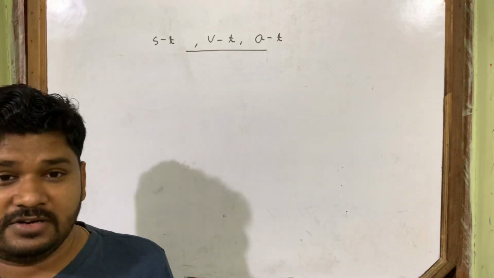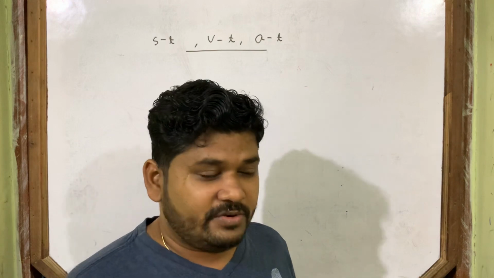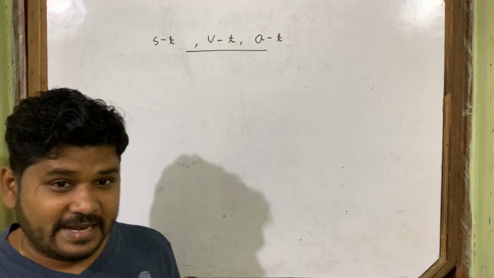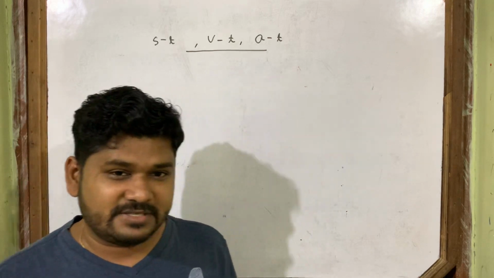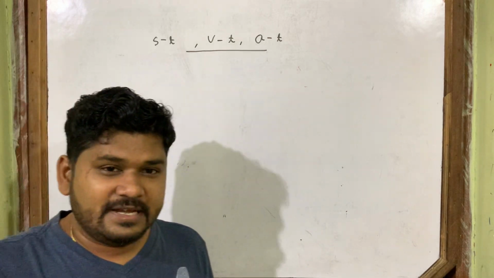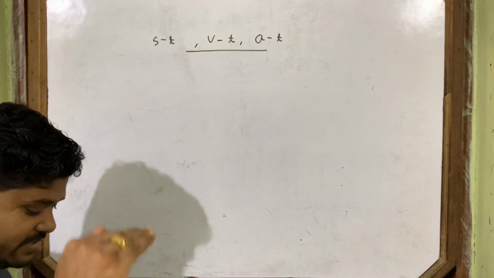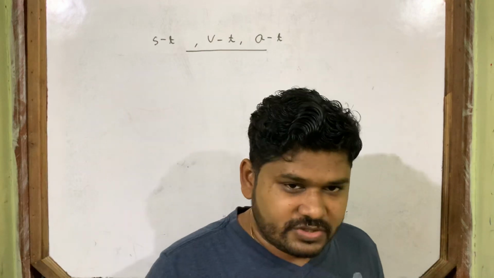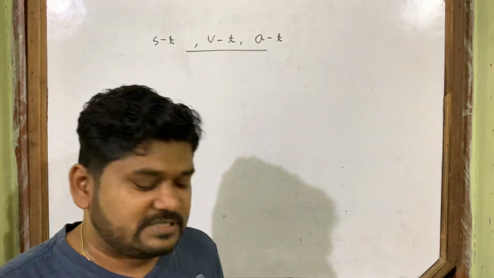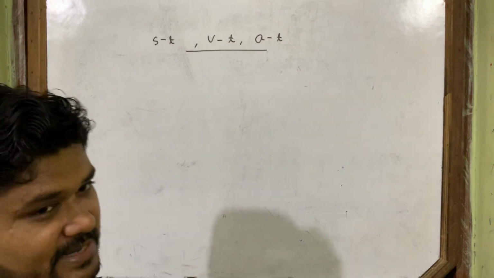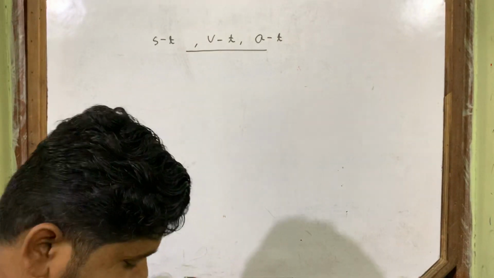Though it is practically not possible in day-to-day life, in the ideal case, if the collision is elastic, which will be taught to you in later chapters, then the body can return to the same height. Then what happens to the ST, VT, AT graphs? Okay, so now let's start.